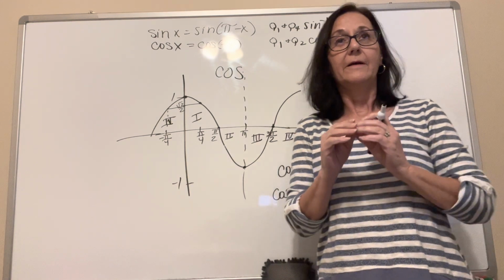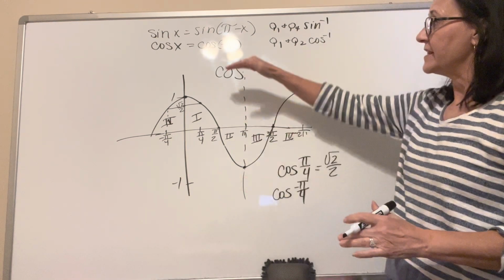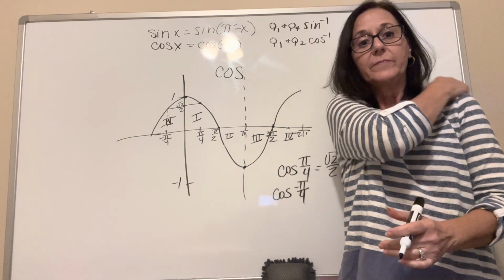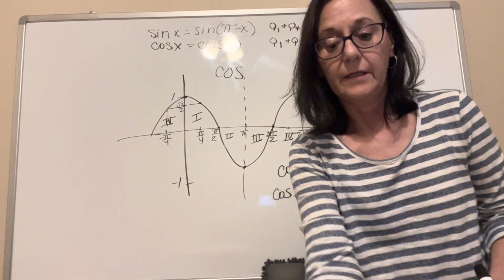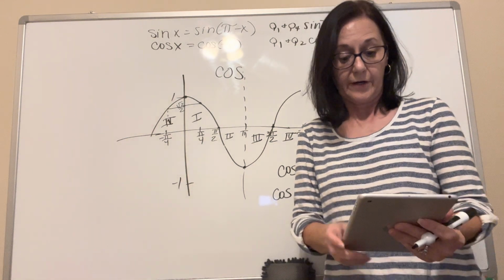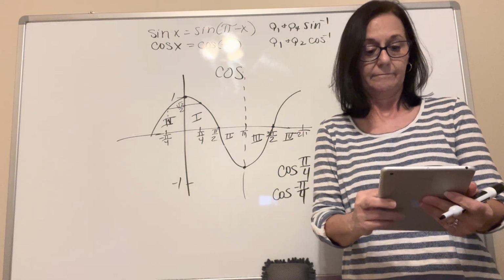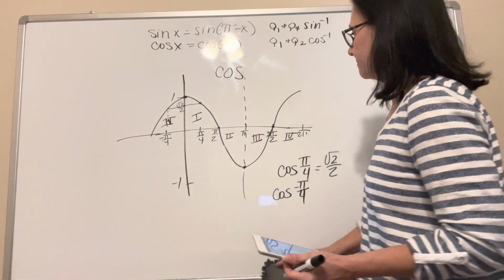All right, so in this lesson, we're going to use these concepts to no longer solve the trig equations using our calculators. We're going to solve them algebraically. Okay, wait, I need to say one more thing.